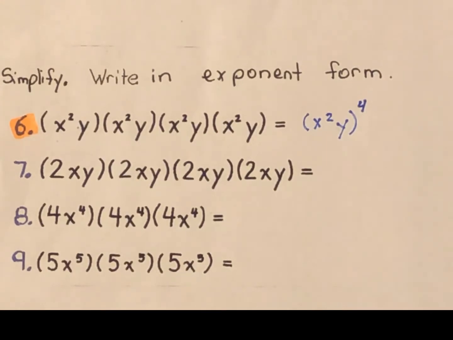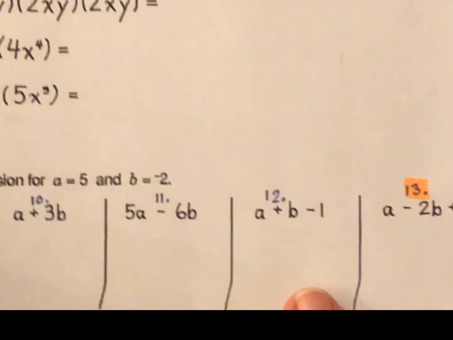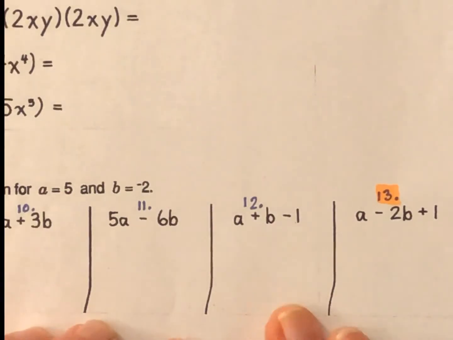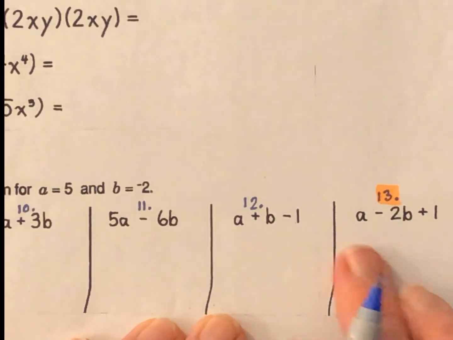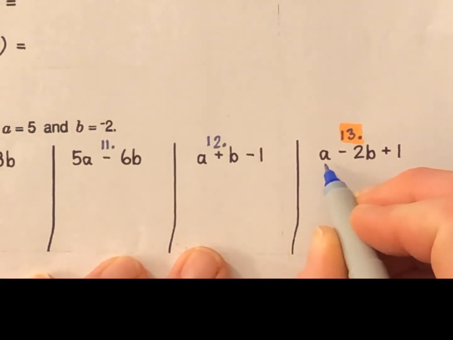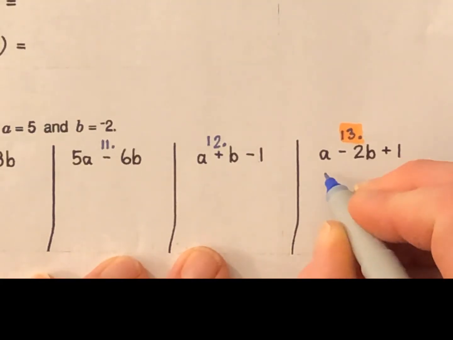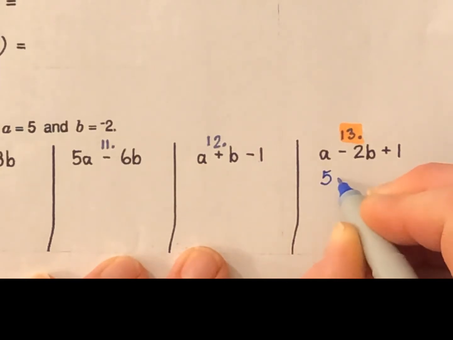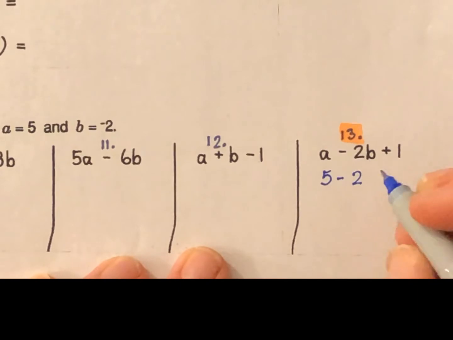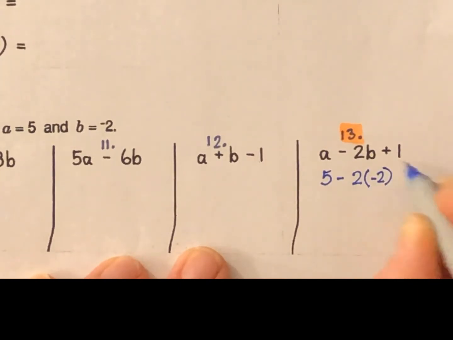Finally, down to number 13, we are substituting A is 5 and B is -2. Seems familiar. I'll do 13 with you. A becomes 5. B is -2 plus 1.